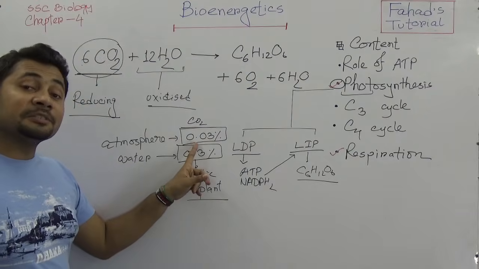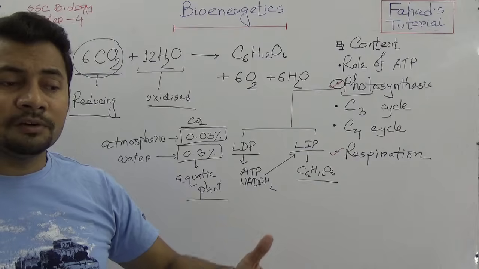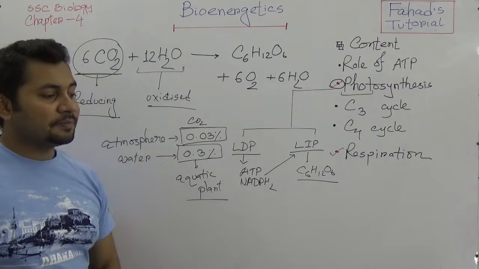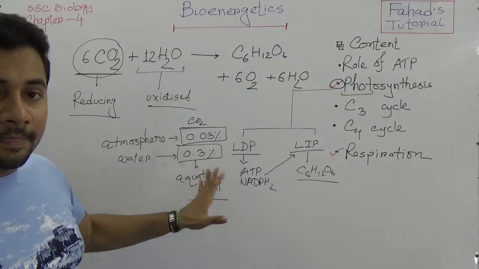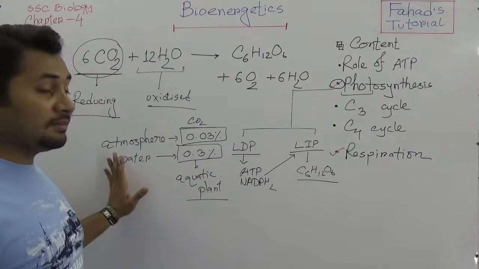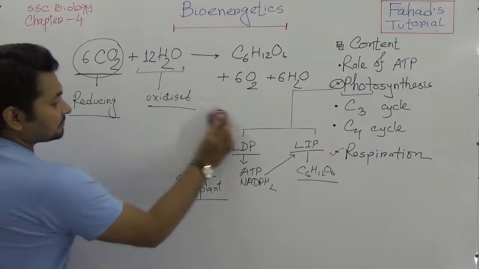So you must remember the percentage composition, though it's highly variable, and right now this world is producing much carbon dioxide, so it will definitely be increasing. But comparatively, right now the aquatic plants will have a much higher rate of photosynthesis. So you understand this thing. And one thing is also important.